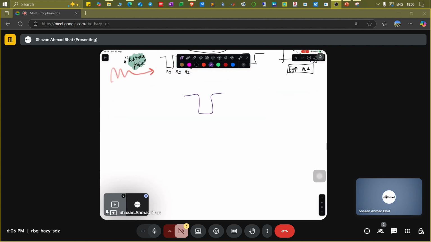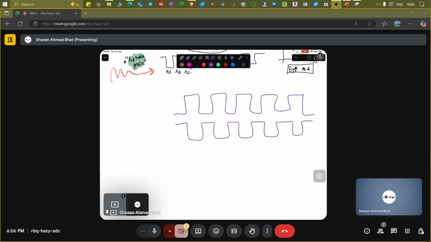That means if you have an arrangement of conduction band and valence band like this, then this electromagnetic wave is going to come in and it is going to basically get absorbed if it is 1024 nanometer.